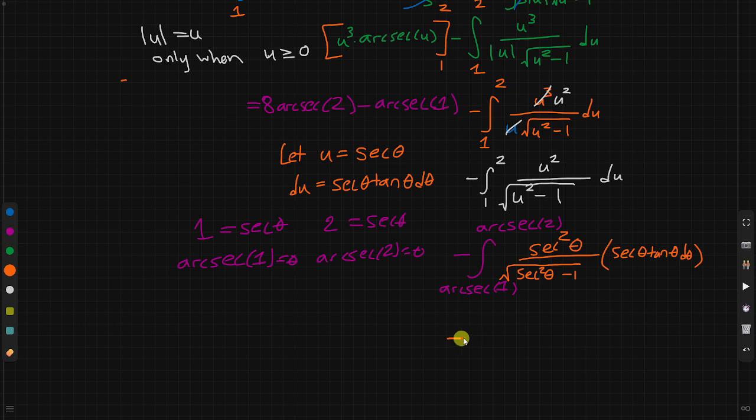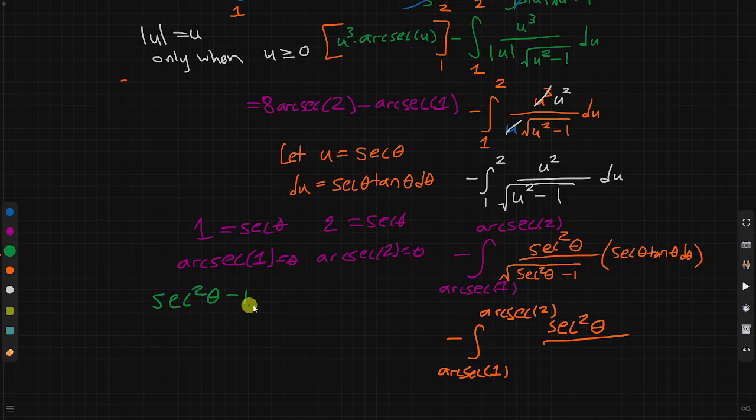So now we have minus the integral from arc secant of 1 to arc secant of 2 of secant squared theta divided by, and recall that from our Pythagorean identity, secant squared theta minus 1 is equal to tangent squared theta.